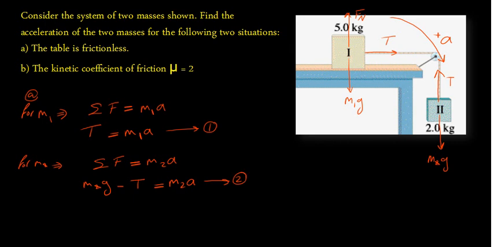Now, when I look at the first equation and second equation, I will notice that the tension is the common item between the two equations. So let's put the two equations on top of each other. T equals m1a, and m2g minus T equals m2a.